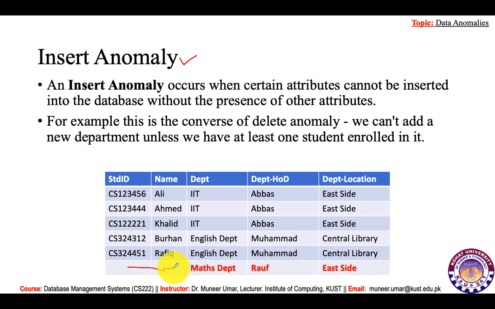So this would not be possible for our designed table. We will not be able to add such type of data in our database. So this case is actually insert anomaly. We must need a student to be enrolled first in the department, and after that we will be able to put some data in the tuple in this database table.